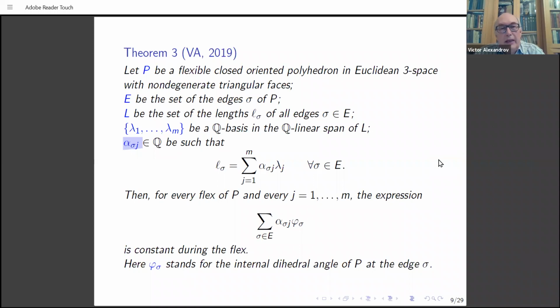And you should require that this equation holds for all alpha and beta rational numbers, not reals, but rational numbers. And x and y are real numbers.